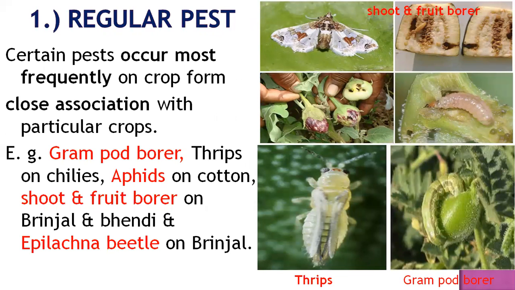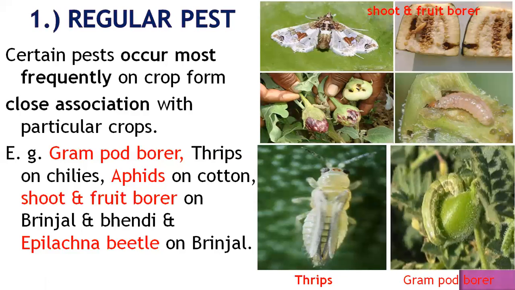Students, we can see different images here. The first image is a brinjal crop, the second image is a gram crop, and these are all insects that come under regular pest. Here, the broken or cut piece of brinjal and the presence of infested larva, and even in the field, some brinjal fruits infested by this larva, this insect is known as the brinjal shoot and fruit borer.